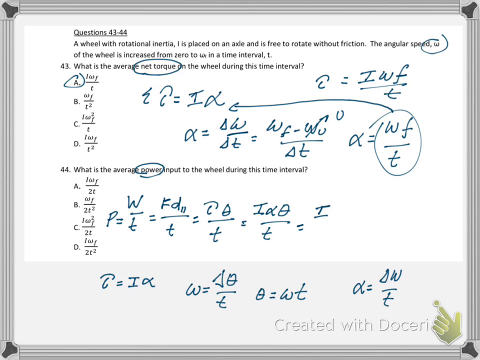So let's put that in there. So angular velocity over time, so this becomes time squared. And this angular velocity is final minus initial over time.